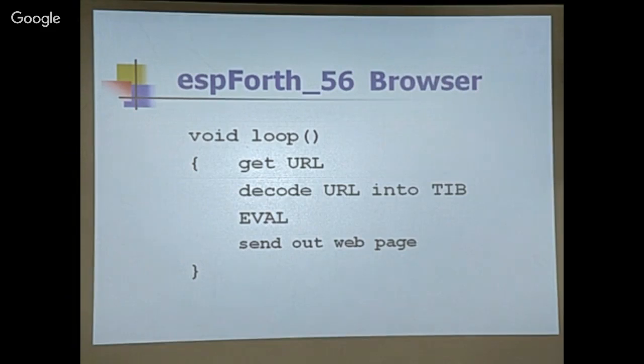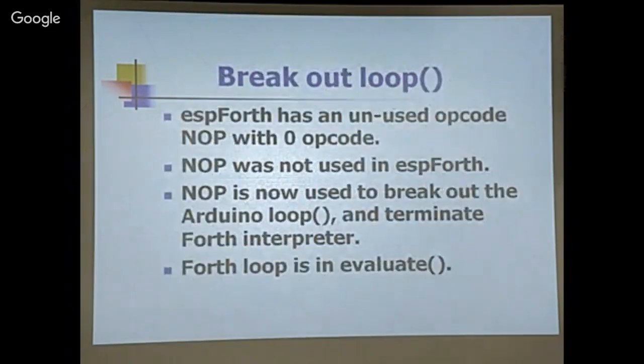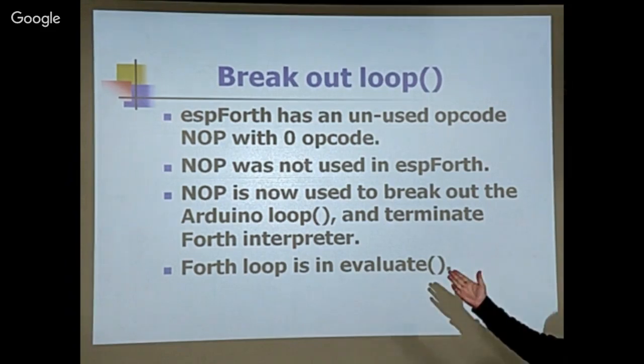How do you break out of the infinite loop in the virtual Forth engine? When I implemented the bytecode, bytecode 0, the null bytecode, was reserved for a no-op, but it was never used in the system.